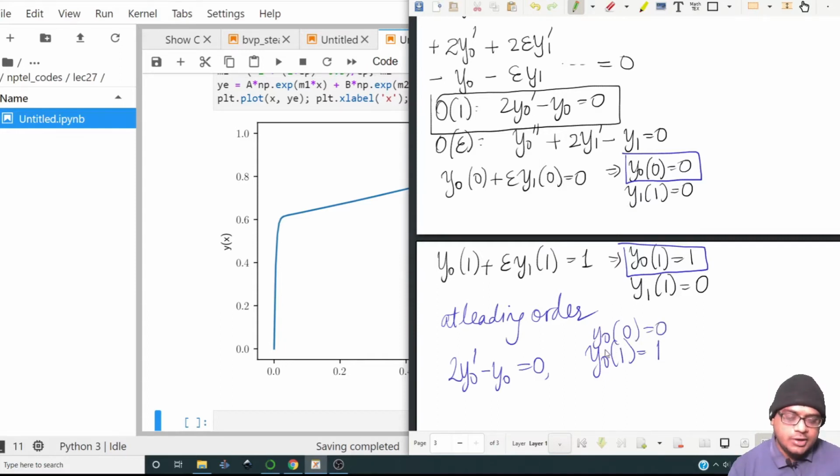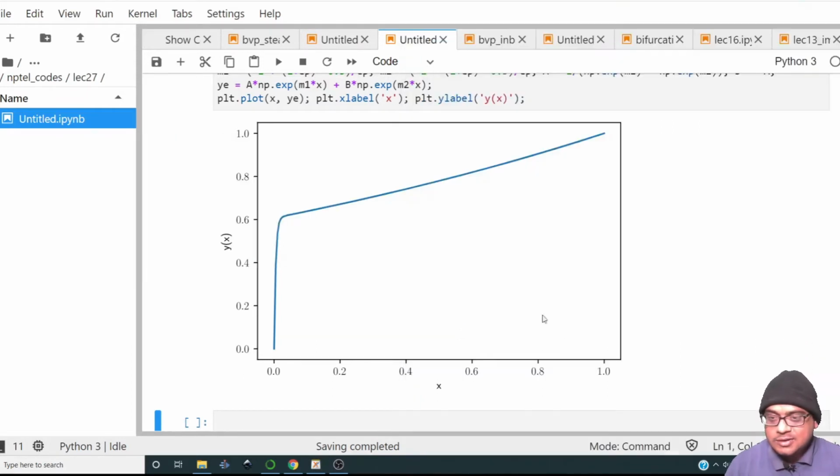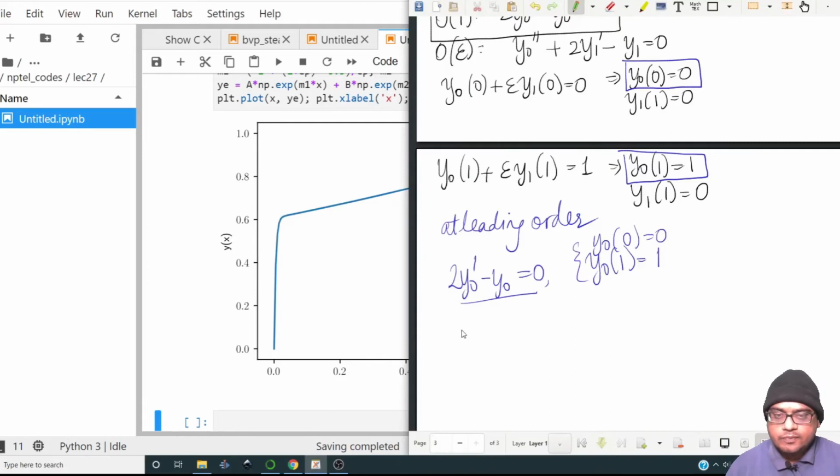We cannot satisfy two boundary conditions simultaneously for a first order differential equation. So we must take a call. There must be only one boundary condition which this can satisfy. And we already know from the graph that we plotted that at y1 we must have this being satisfied, right?